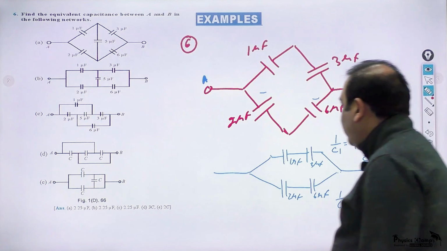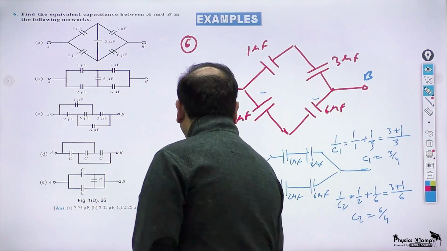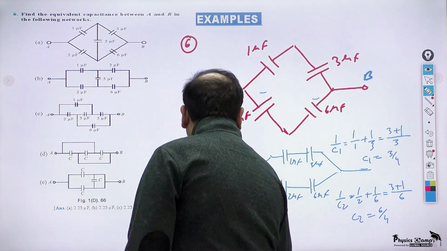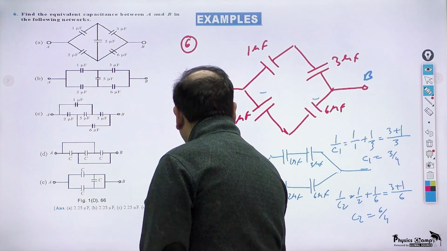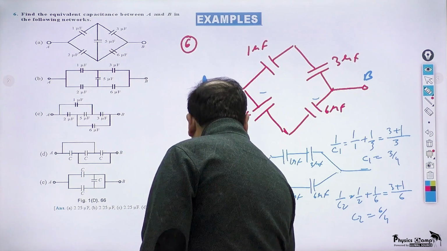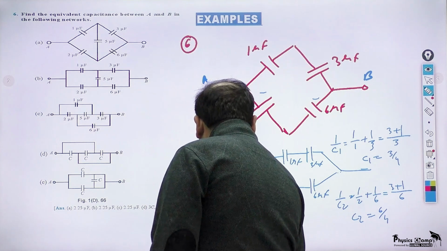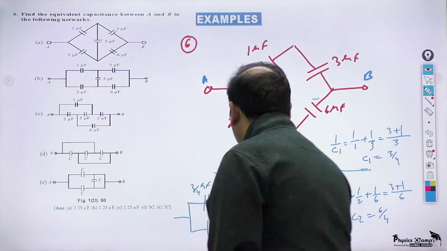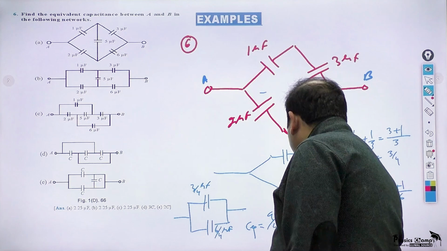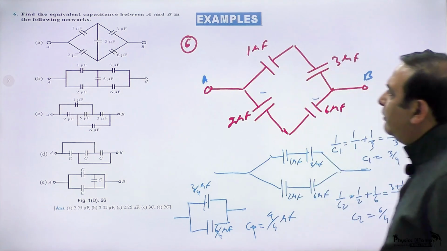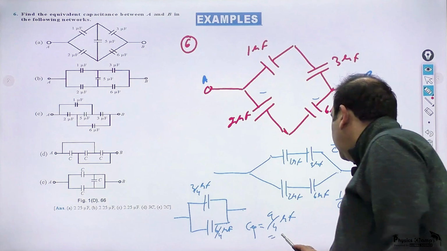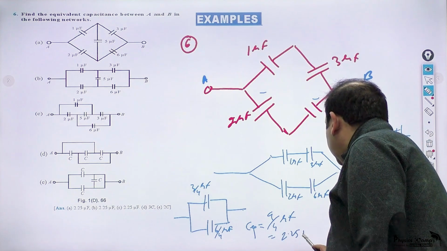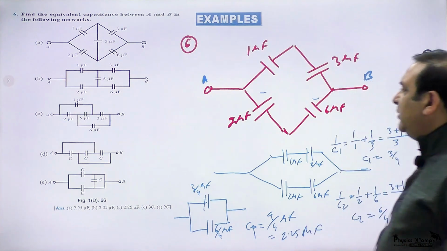So if you are looking for the equivalent, you are having finally 3 by 4 microfarad and here 6 by 4 microfarad. So C equivalent will be 9 by 4 microfarad or 2.25 microfarad. This is case A.